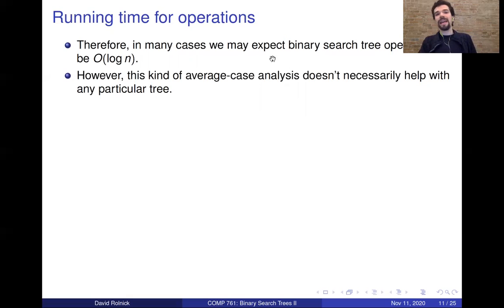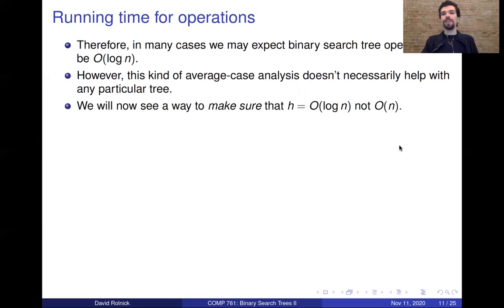So what we would really like is a way to make sure that the height is always log n instead of n. And so there's a way to do this, by creating a better binary search tree, one that self-balances, that automatically makes sure that it's log n.